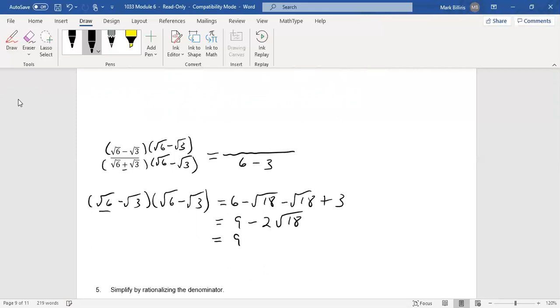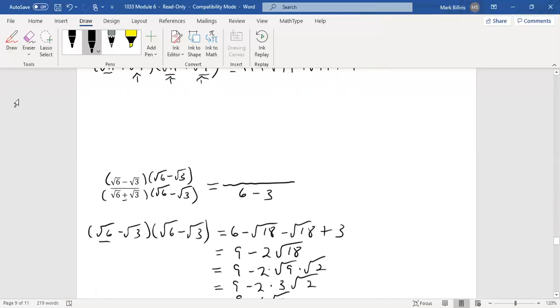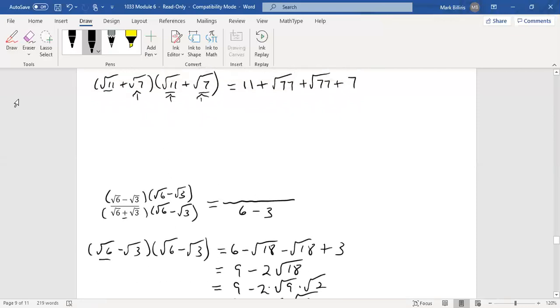So we have 9 minus 2 times the square root of 9 times the square root of 2. So this would give us 9 minus 2 times 3 times the square root of 2. So this would be 9 minus 6 square roots of 2. So again, all I've done is simplified negative 2 square roots of 18 as far as I can. So again, 9 minus 6 square roots of 2.